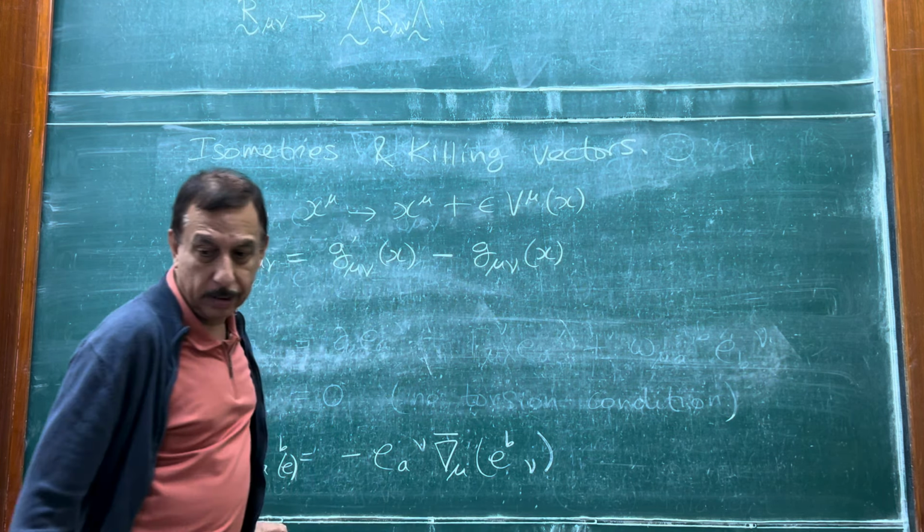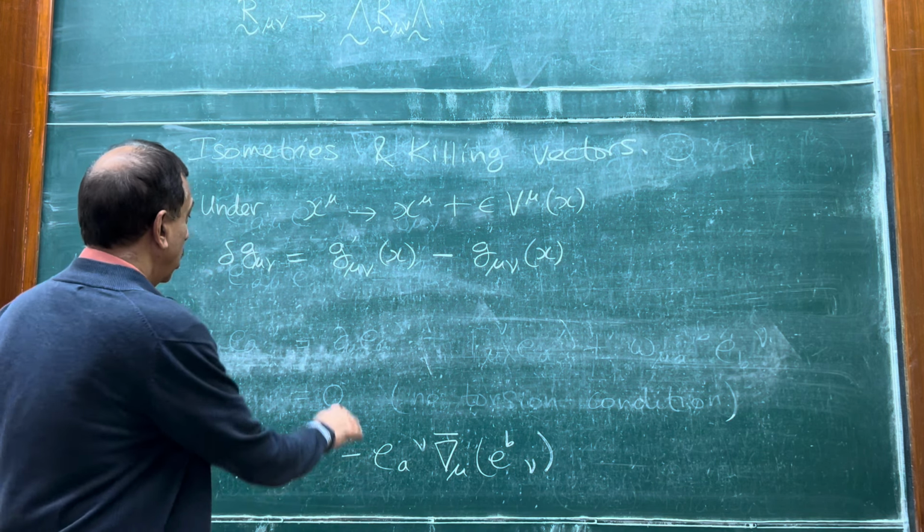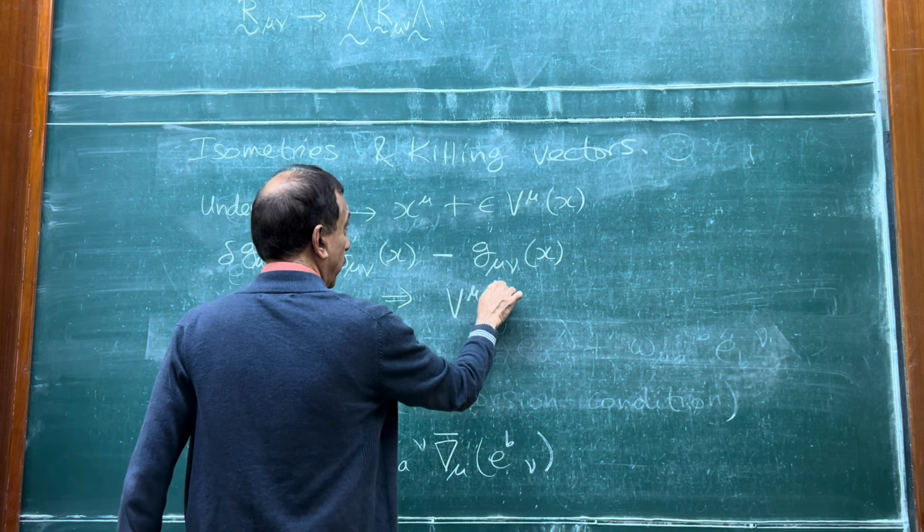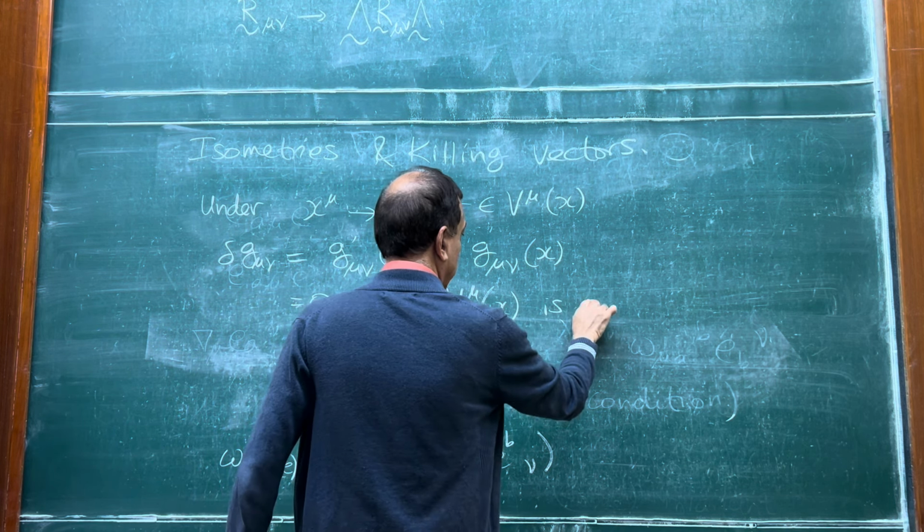And it is this which, if it's 0, implies that V mu, the vector field V, is an isometry. This is the definition.